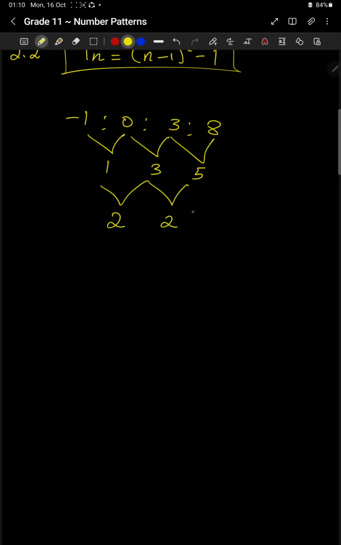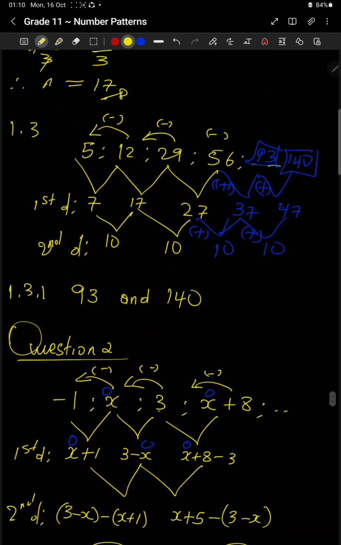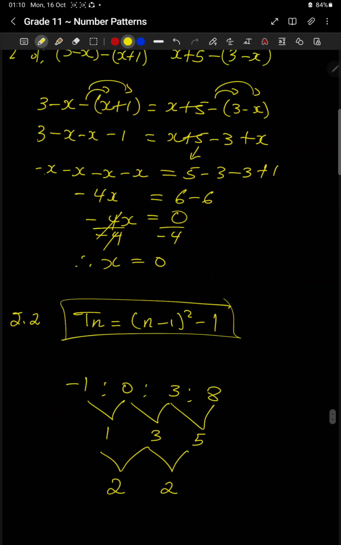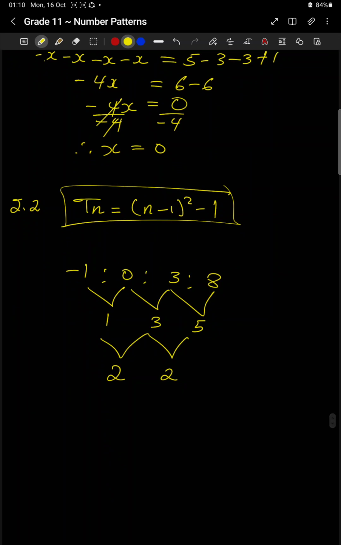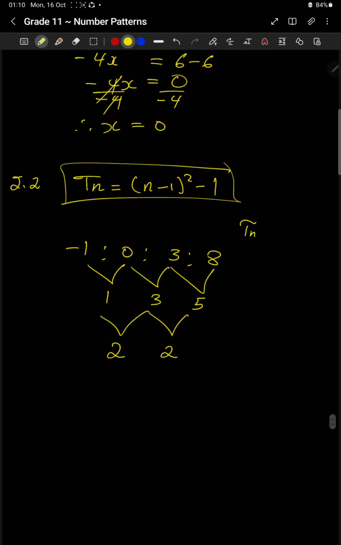Of course, it's going to be 2, the constant difference. Okay, so now we'll have to determine the quadratic equation, which is that one, tn is equal to an squared plus bn plus c. We have to determine the values of a, b, and c.